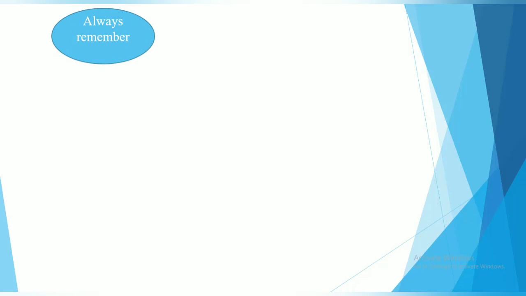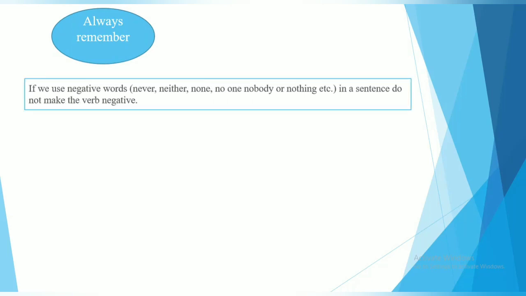Now, let's remember like this. If we use negative words like never, neither, none, no one, nobody, or nothing in a sentence, do not make the verb negative.